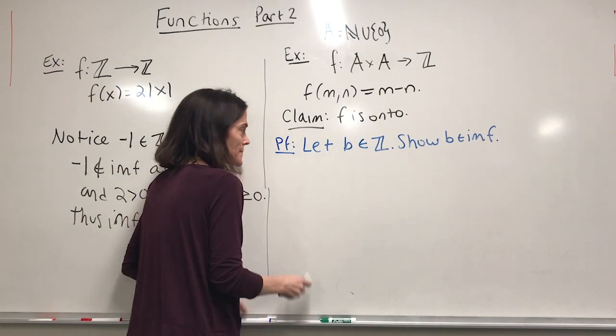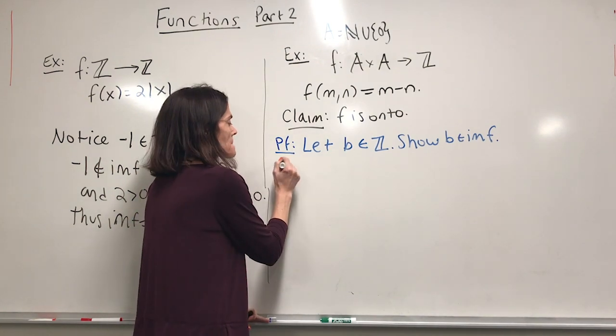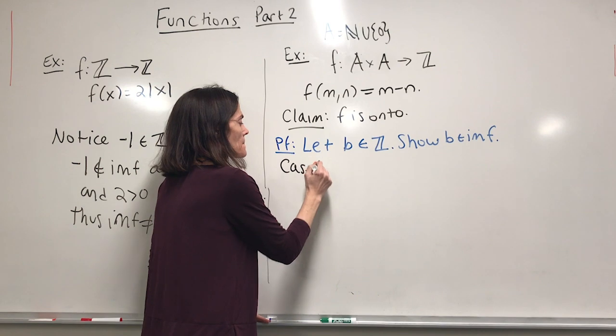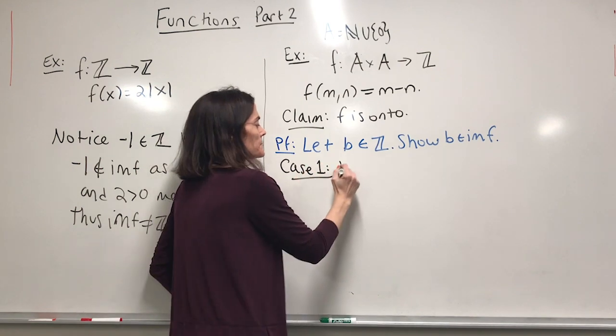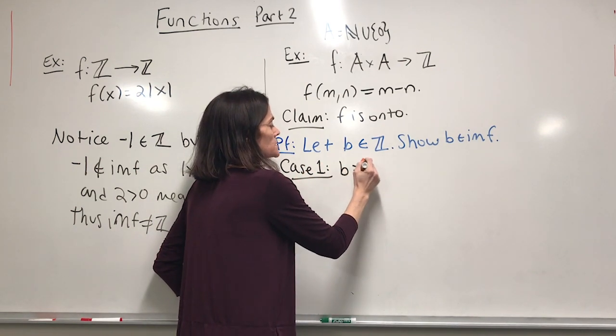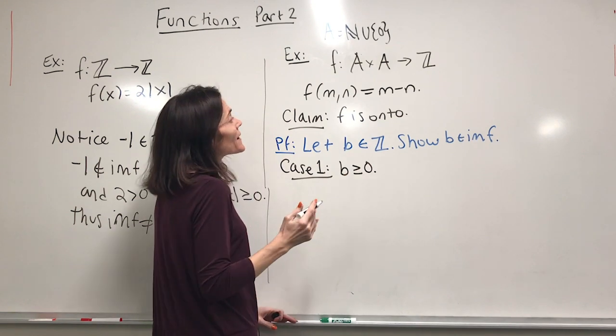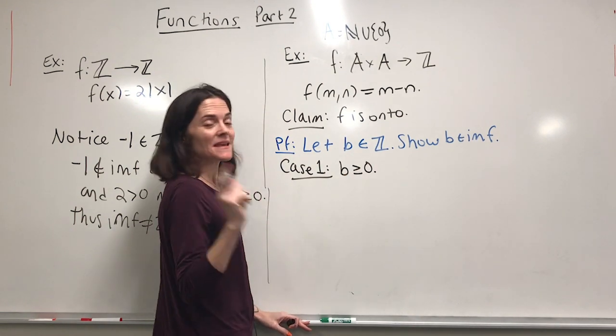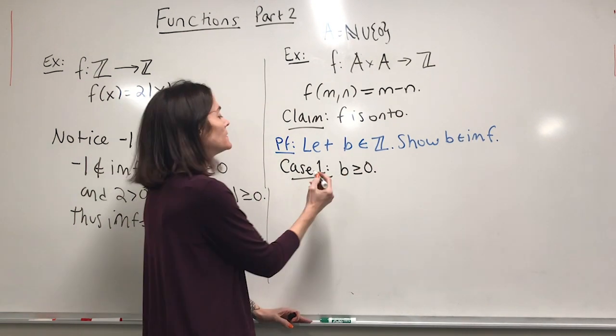So case 1 is that b is greater than or equal to 0. Now I need to create something that maps to b. This is the one I was mentioning.